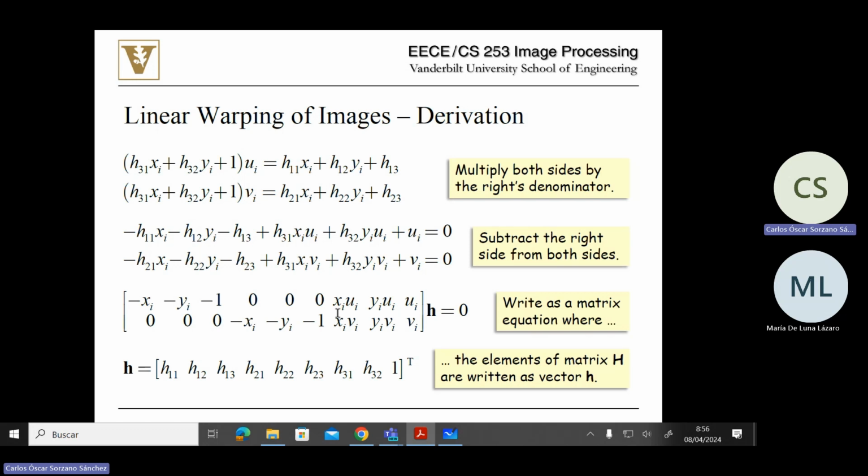Okay, so here, which are the unknowns? The unknowns are the H. This is what we want to find. And what is known? The known are x, y, u, and v. These are the pairs of coordinates. So in this matrix, we know everything. This H is our unknown.